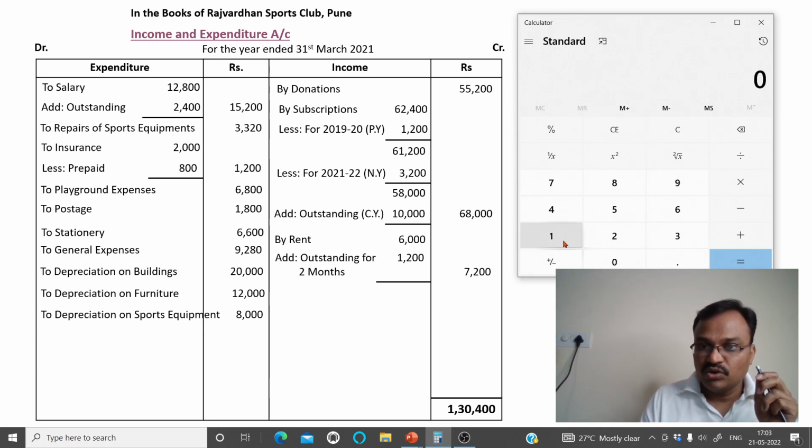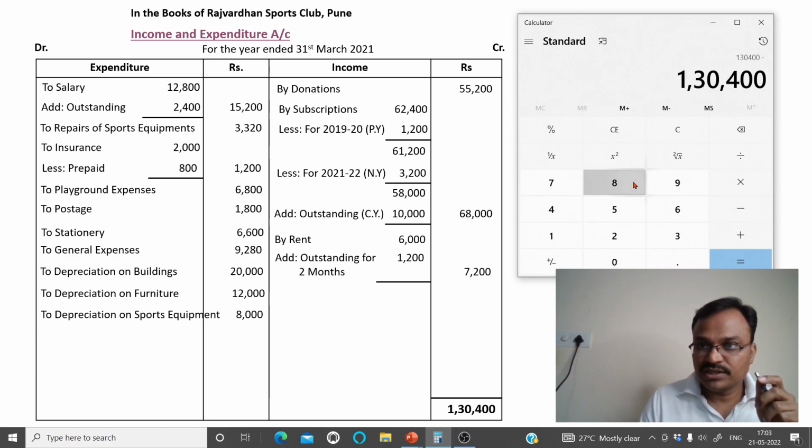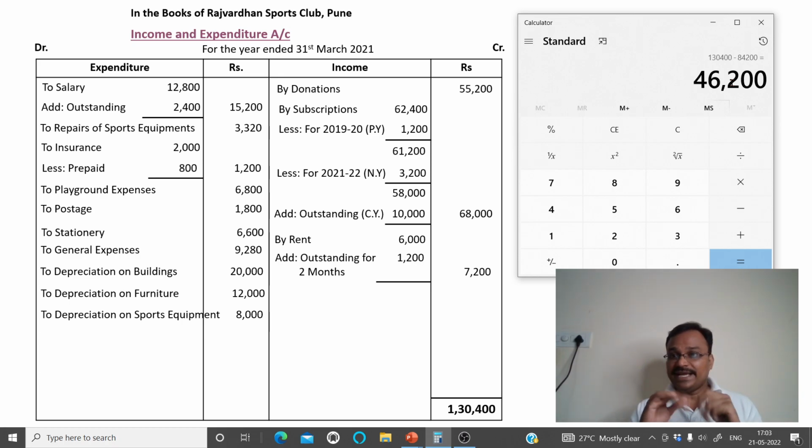Okay, so here 1,30,400 minus total of debit side, 84,200, gives us 46,200. So basically 46,200 is the surplus because income is greater than expenditure.